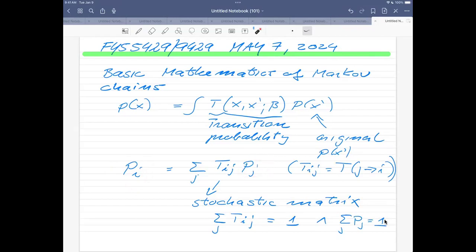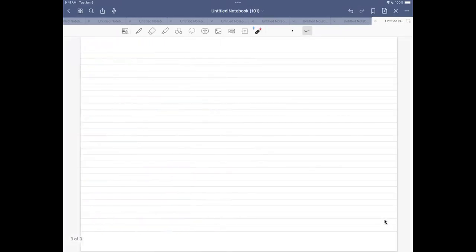Now, the way we can set up this process is the following, and this is the way we are going to actually implement this when it comes to the diffusion models. So we could think of this probability distribution, P_i, as representing the state of the system at a given time t.